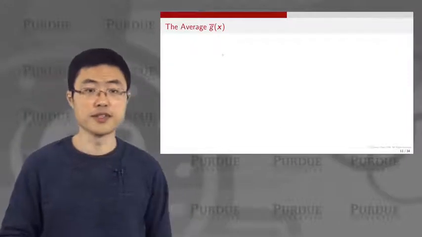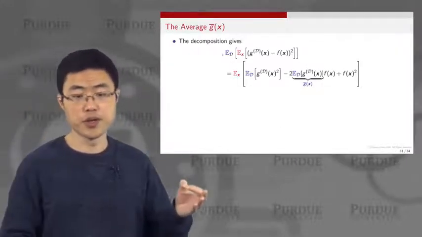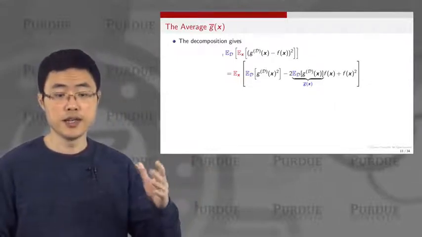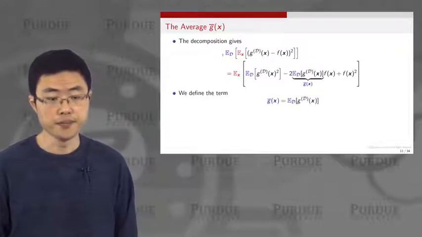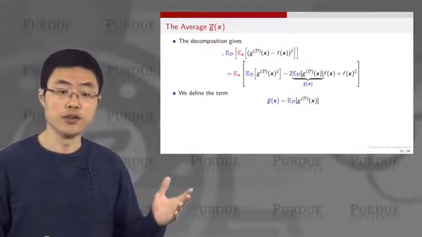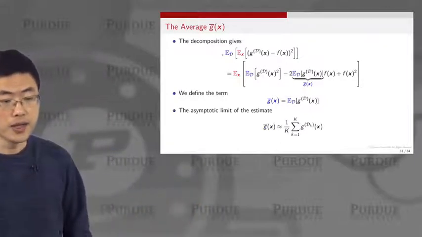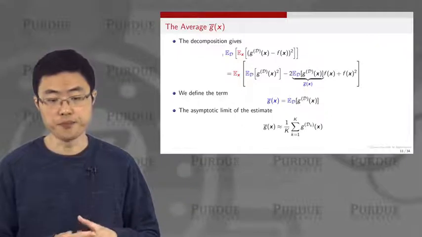So what is the meaning of this average g bar? Well, this average g bar comes from this equation of the expectation of the g calculated using different Ds. And we define this g bar as E_D of g of D. So this is the asymptotic limit of the estimate.